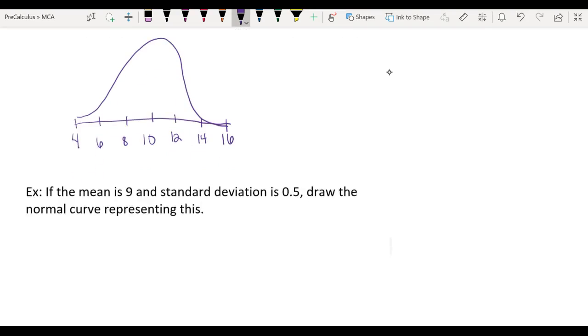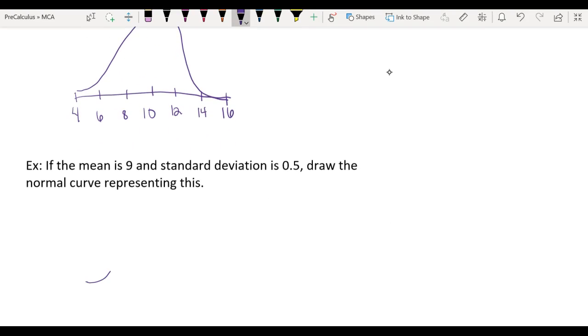This one, if the mean is 9, it means you put 9 in the middle, and then your standard deviation is 0.5. It means this would be 9.5, 10, and 10.5 at the end of your curve. This would be 8.5, 8, and 7.5.